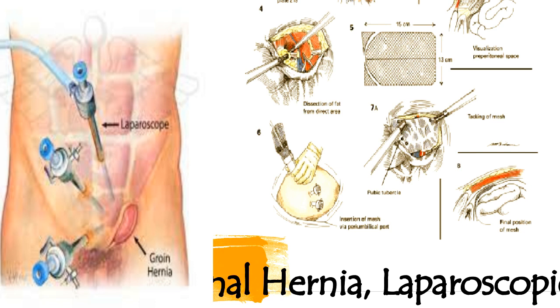The pubic tubercle is identified and slight lateral dissection is continued until the obturator vein is visualized. Blunt dissection with a laparoscopic Kittner is used to open the preperitoneal space. Small tears in the peritoneum should be repaired in order to prevent competing pneumoperitoneum.